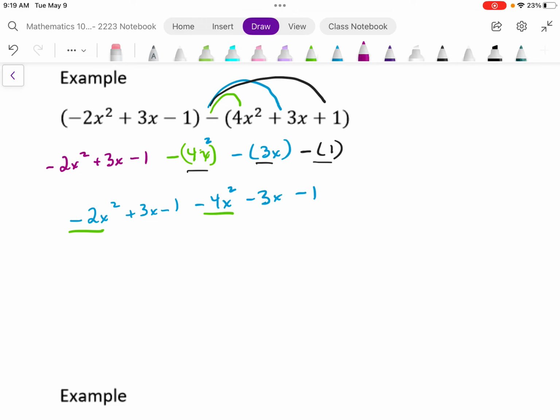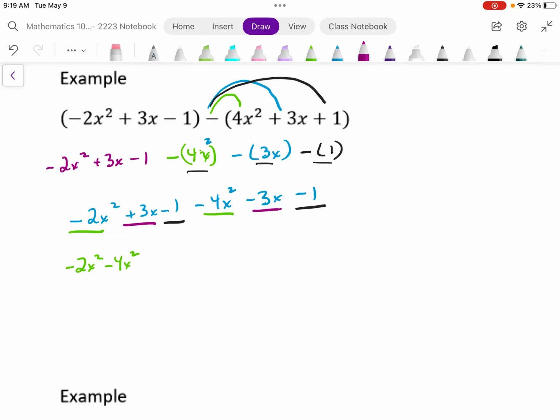So I see that there's terms of x squared together. I have x and x, so that's really nice. And then I have 1 and 1. So I have the x squareds together, everything x to the power of 1, and everything that's a constant together. And I'm just going to rewrite them by grouping my like terms. So negative 2x squared minus 4x squared.